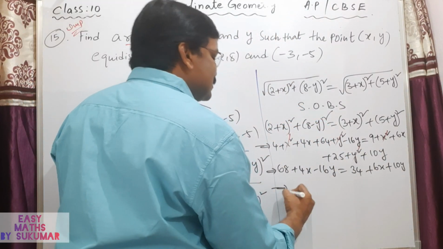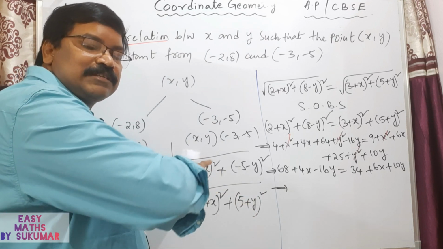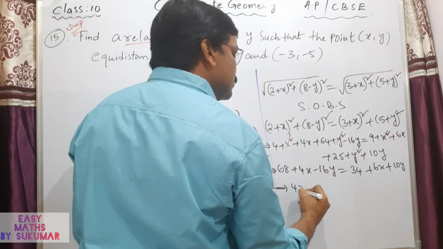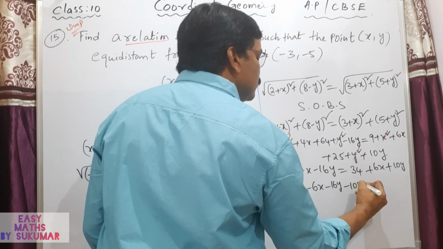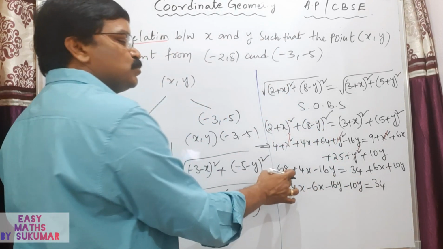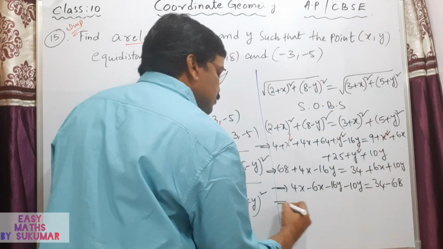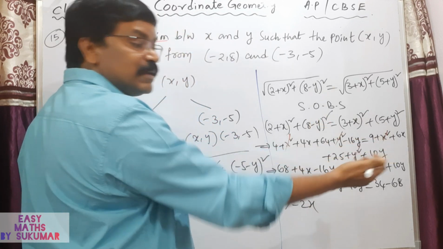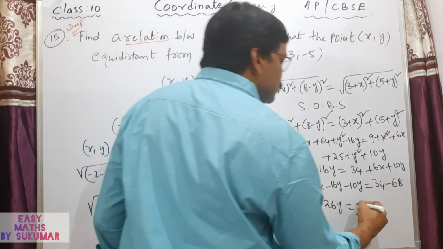Now let us collect all the variables to the left hand side, and transpose the numbers to the right hand side. That means 4x minus 6x minus 16y minus 10y is equal to 34. Just transpose this plus 68 to the other side, that is minus 68. So this implies 4x minus 6x is minus 2x, minus 16y minus 10y is minus 26y, 34 minus 68 is minus 34.